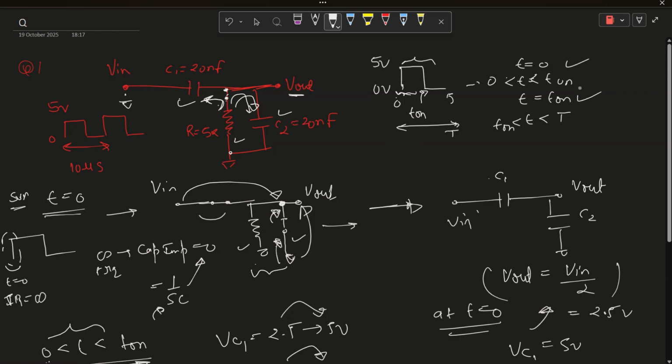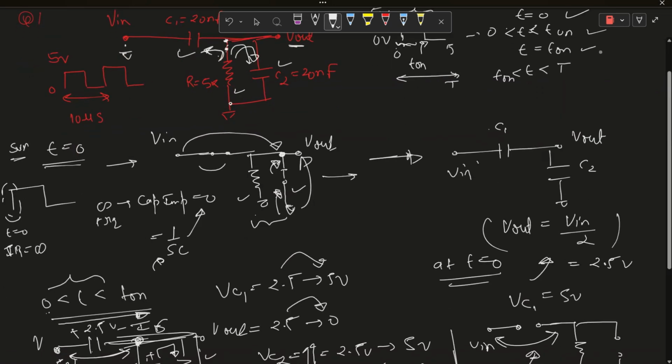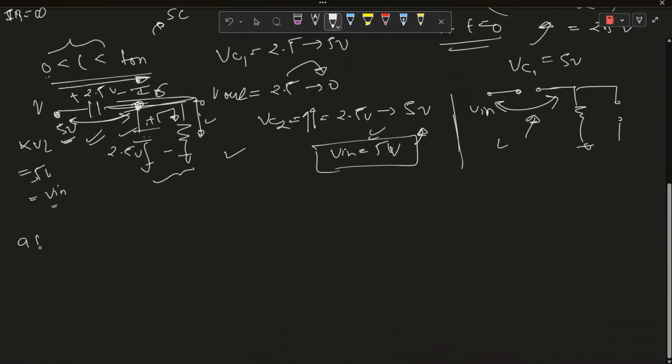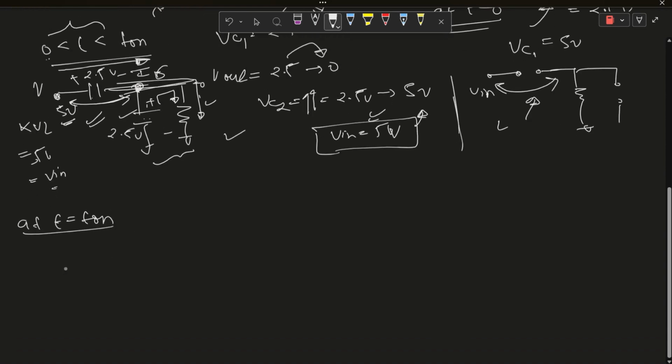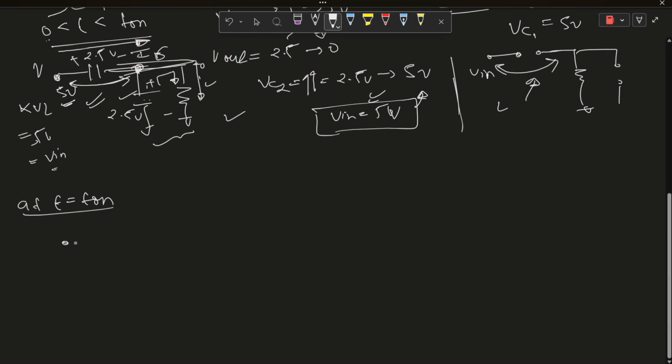Okay, so we finish this t on time period, and now we consider t equals t on. The circuit looks like this. This is 5 volt.